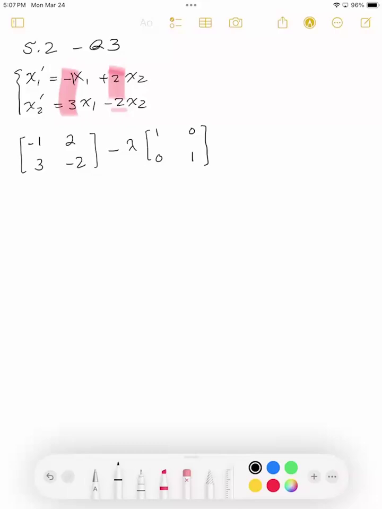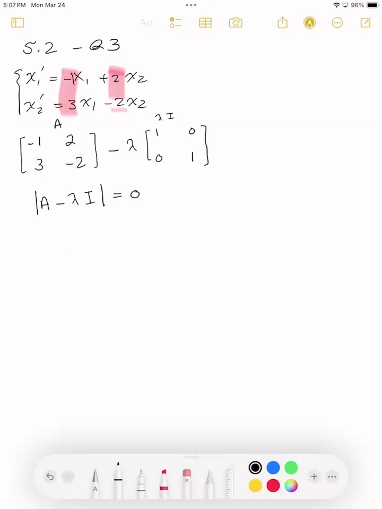And then once we have completed this subtraction, we want to evaluate. This is A minus lambda I. This is matrix A. This is lambda I. Then we subtract, and then we evaluate this determinant. We want to find a lambda that makes this determinant equal to 0. And that is going to create a characteristic equation and is going to give us the solution for lambda.